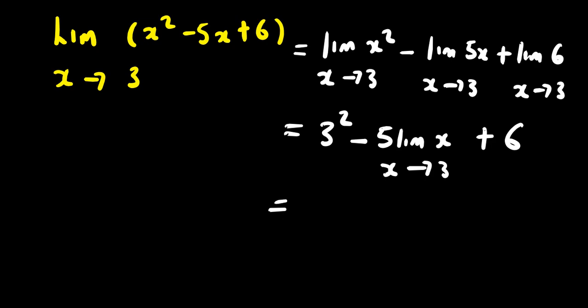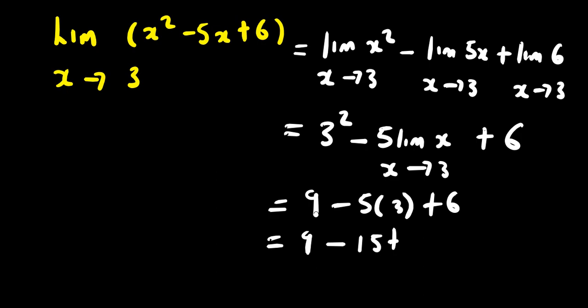So 3 squared will just be a 9. Where there is x, we're going to replace it by 3. So we have negative 5 multiplied by 3, plus 6. Now we have 9. When we multiply that, that will just be negative 15 plus 6. 9 minus 15 is negative 6, plus 6, that will just give us a 0.